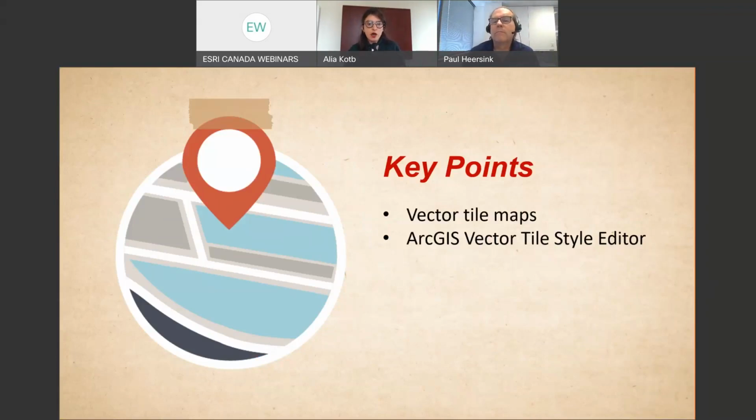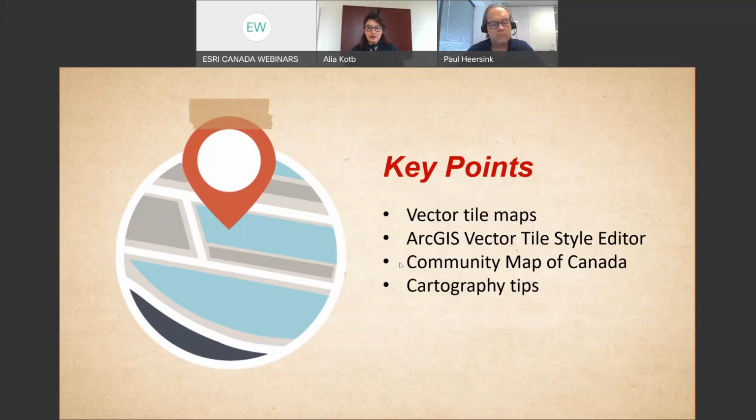We will then watch a short video about the Community Map of Canada, as that will be today's starting point for the creative session. And then we will get some cartography tips from our cartographer in residence, Paul, who will be walking us through these tips and a demo.